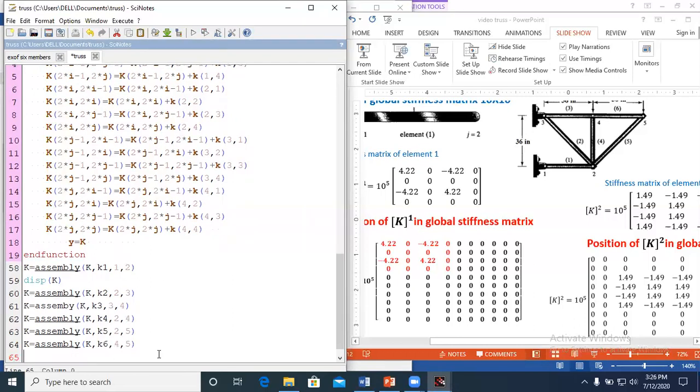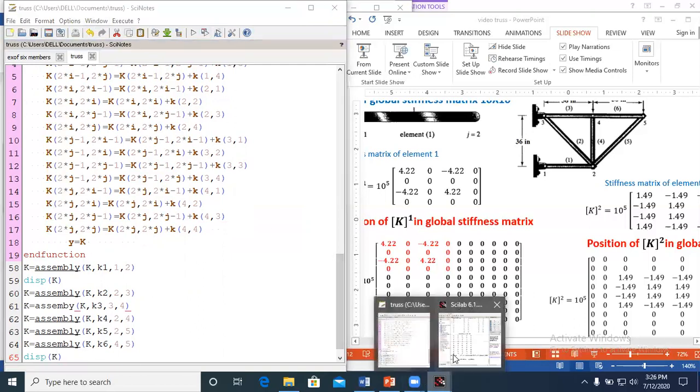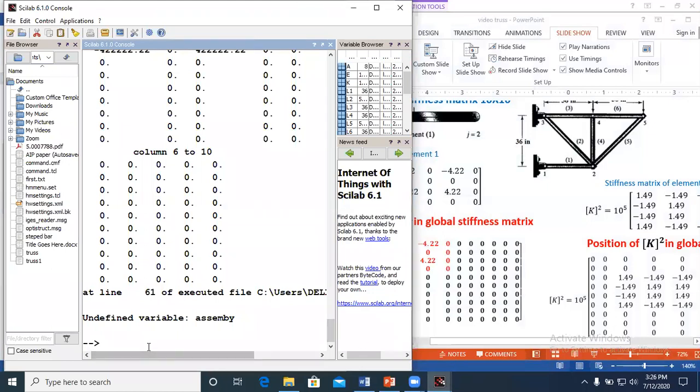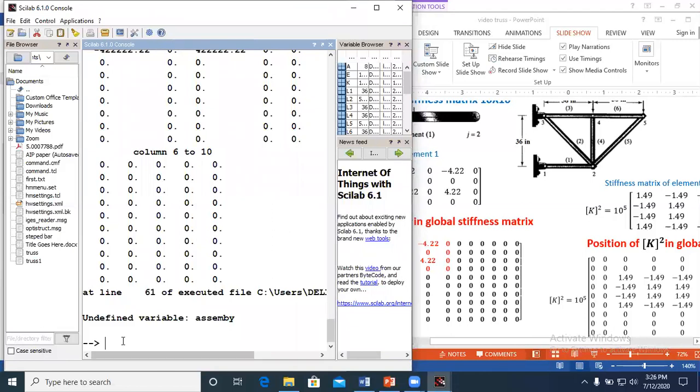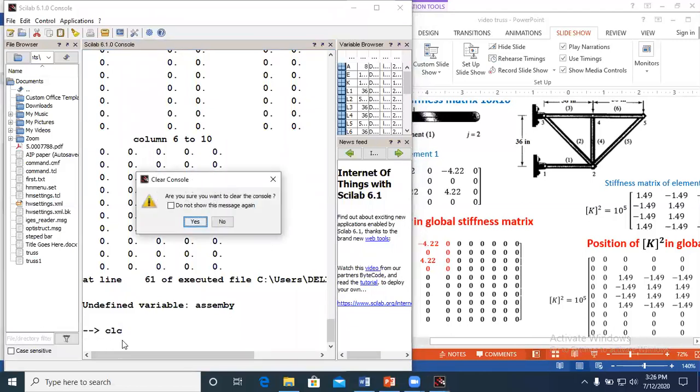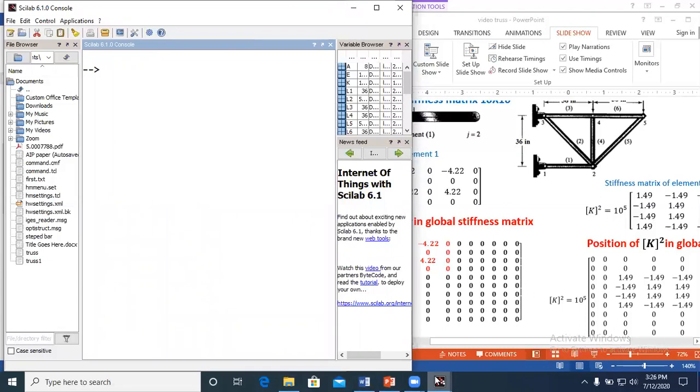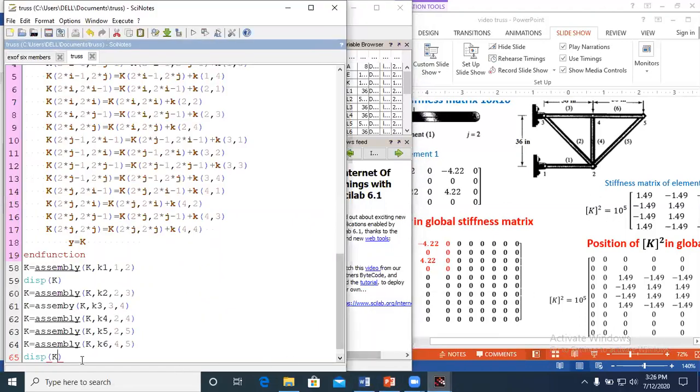Now after that, in this way I can add all stiffness matrices and I can display the final k, that is k. Now when we display the k, you can observe this k. Now where it is variable assembly, one spelling mistake is there, I will clear the screen. Now I will modify that spelling mistake, where it is assembly, this one.